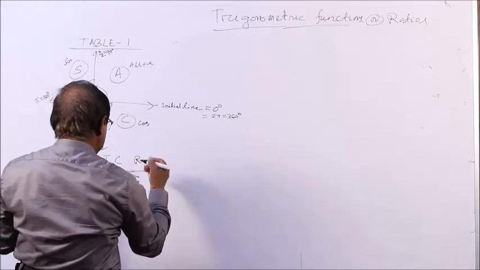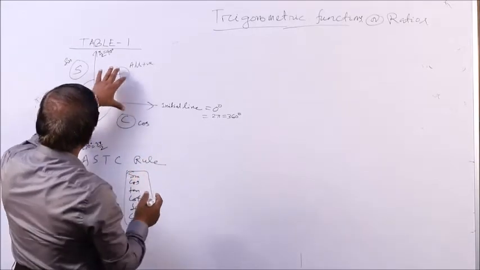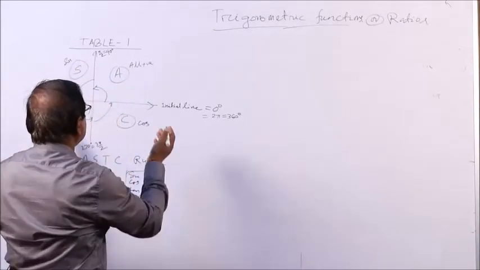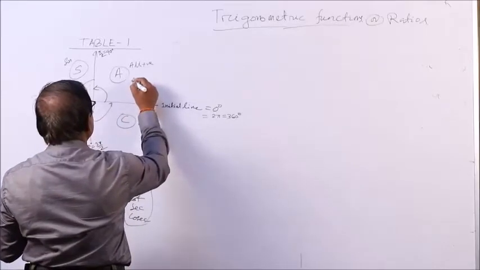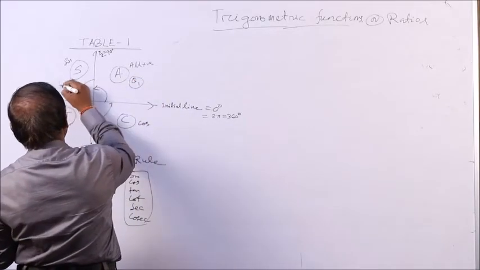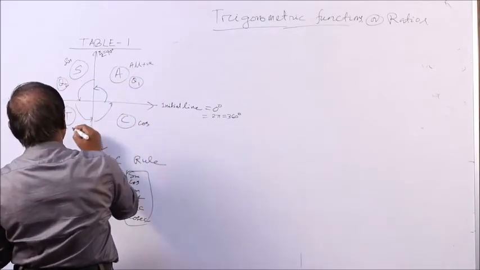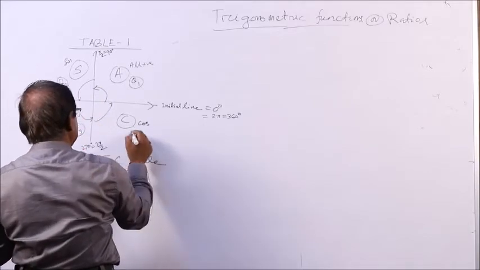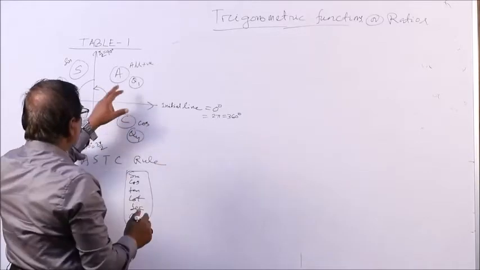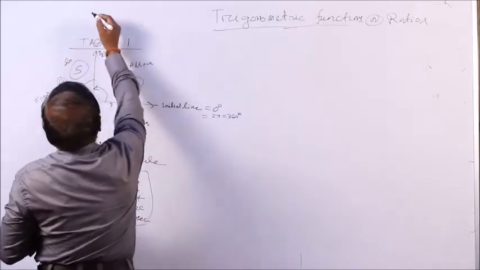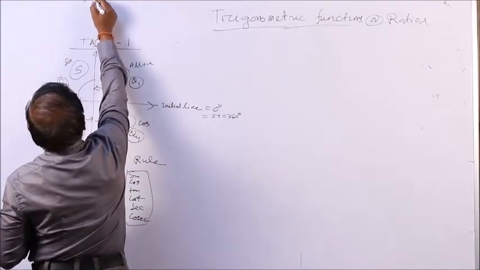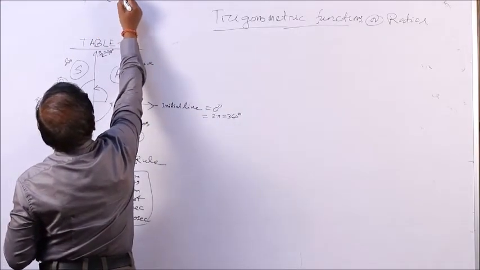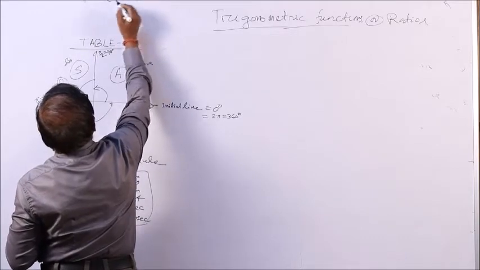This AST rule tells which angle is positive in which quadrant. You see, this is first quadrant Q1, this is second quadrant Q2, this is third quadrant Q3, this is fourth quadrant Q4. Q1 is from 0 degree to 90 degree.